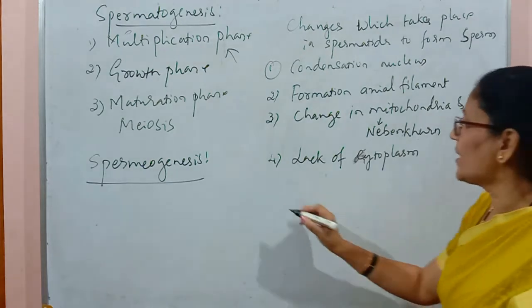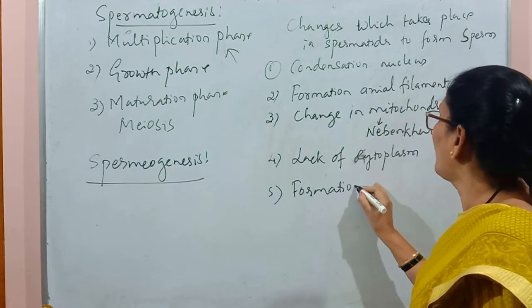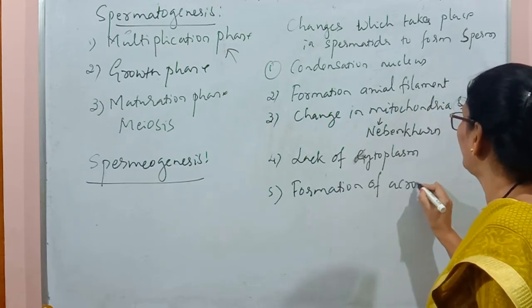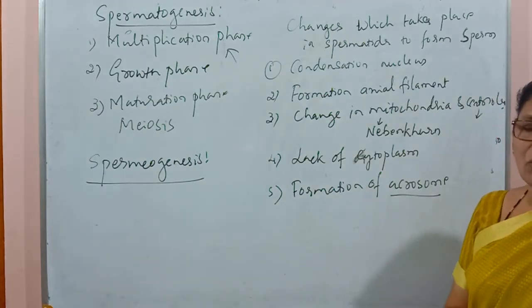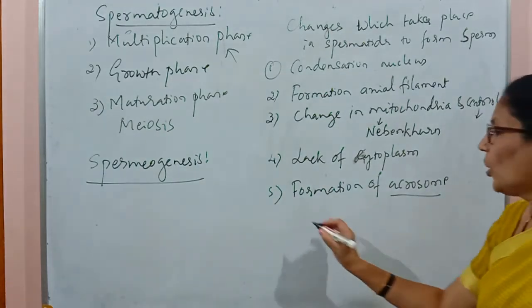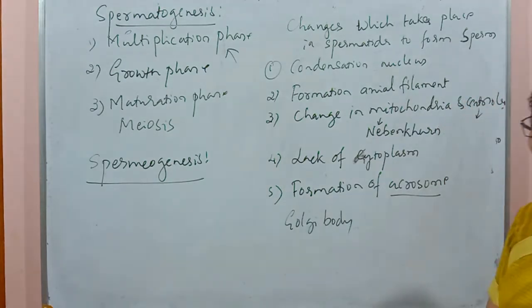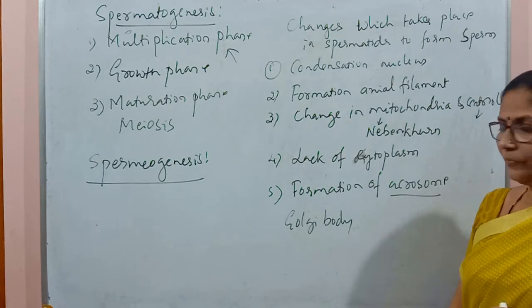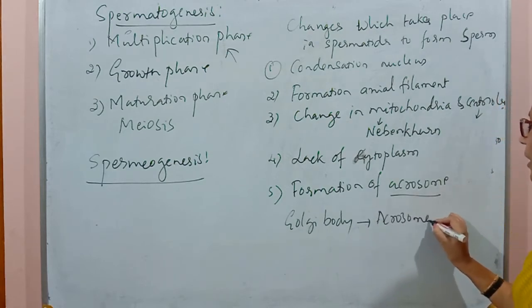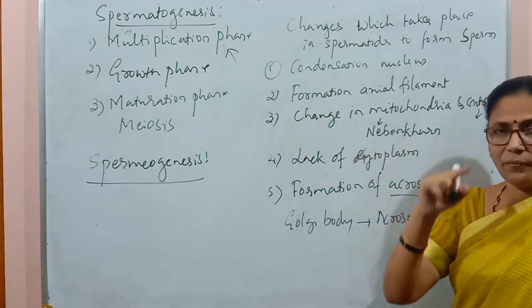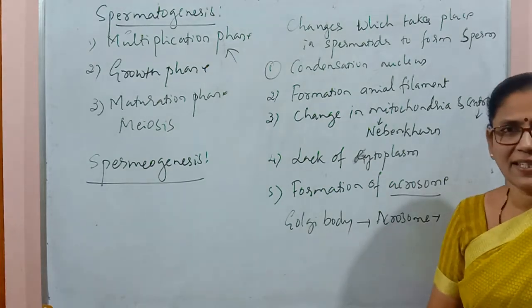And one more thing, which is very important, is the formation of the acrosome. This acrosome is derived from the Golgi body of the spermatid. The acrosome is present on the head of the sperm and contains hydrolytic enzymes.